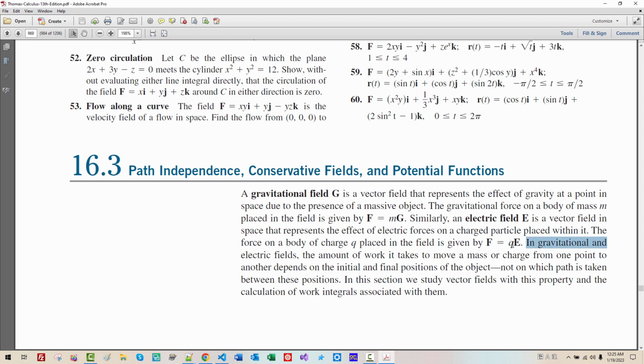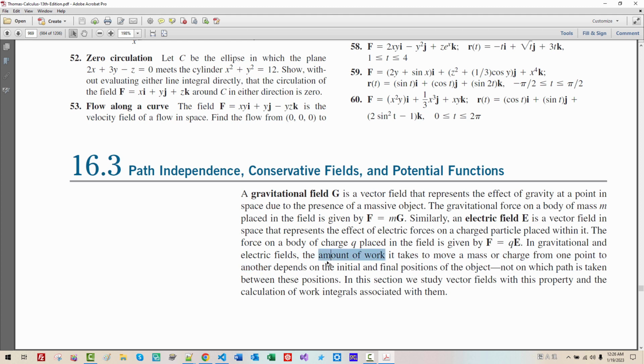In gravitational and electric fields, the amount of work it takes to move a mass or charge from one point to another depends on the initial and the final position of the object, not on which path is taken between these points. We are changing the position.